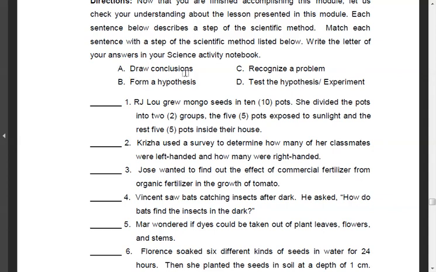Letter A, draw conclusions, B, form a hypothesis, C, recognize a problem, or D, test the hypothesis or experiment. Since she has 10 pots and she separated them into 5 outside and 5 inside the house, what is she doing? So, for number 1, yes, it's letter D, test the hypothesis or experiment.